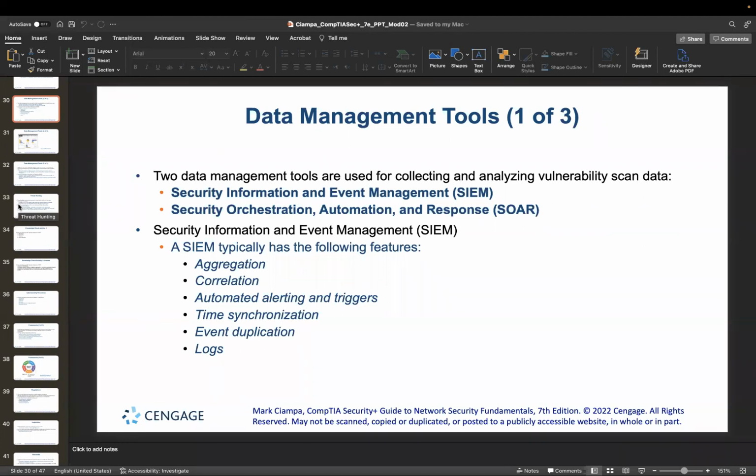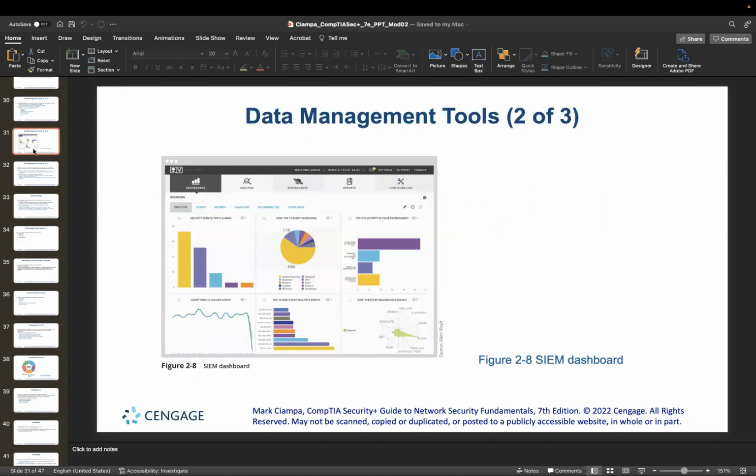One that you're going to hear a lot about from now on are the SIEMs, or security information and event management tools like Elastic, or you have the SOAR, security orchestration, automation, and response, which both of them are just automated tools that help you with aggregation, correlation, automated alerting, time synchronization, deduplication of the events, creation of the logs, analysis of the logs, and preparing the reports, right?